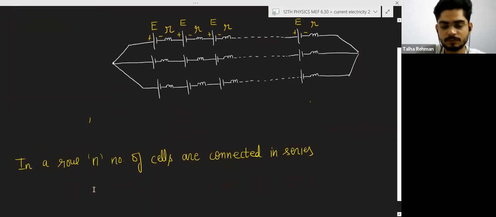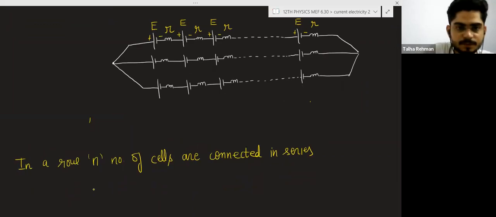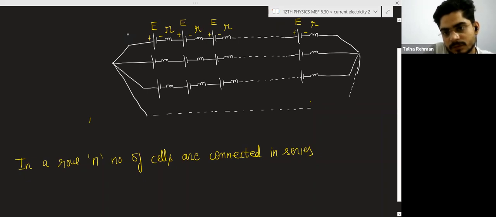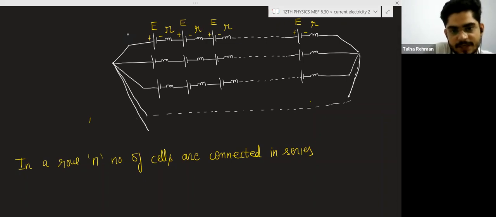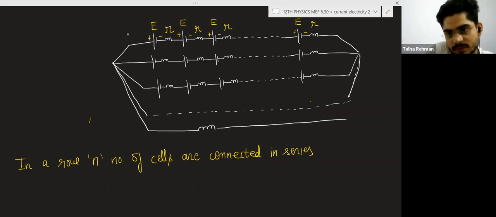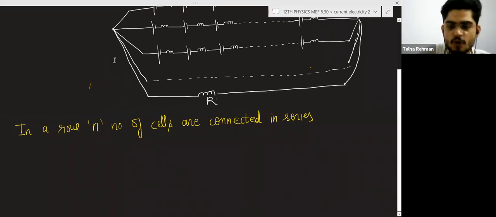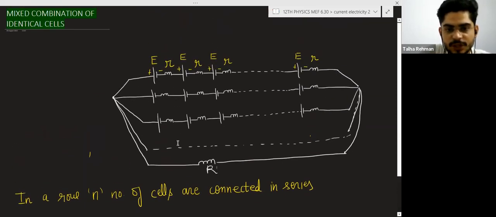Okay. And there are n cells in each row of identical cells, and finally we have connected this with an external resistance R. This is the external resistance R. And how many rows are there? 1, 2, 3, 4.